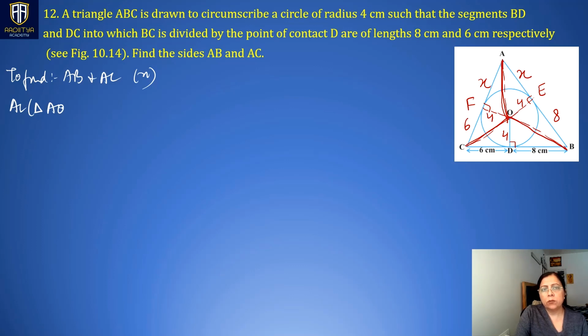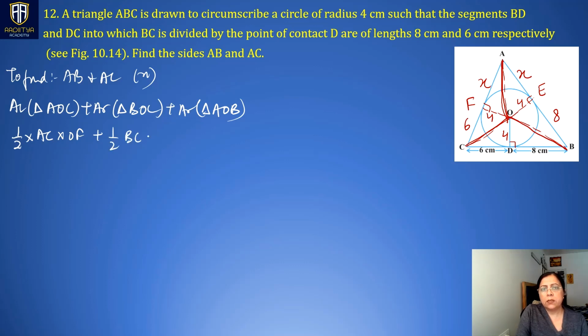Area of triangle AOC plus area of triangle BOC plus area of triangle AOB. AOC is half base into height, half AC into OF plus half BC into OD plus half AB into OE. So I have applied the formula of area of triangle, half base into height.